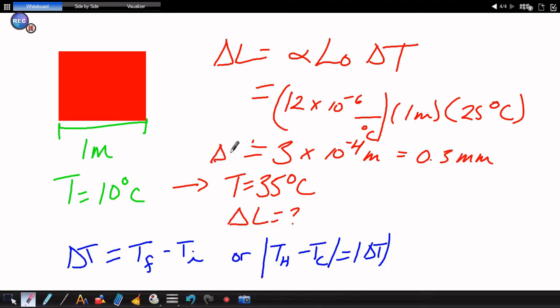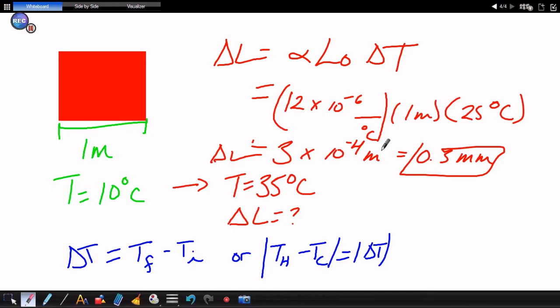That's our delta L. So these sidewalks are laid with a significant gap, like half a centimeter, 5 millimeters. And that's because you'll have multiple slabs expanding and contracting. We give you a number for this, but it's not perfect. The gist of it is these slabs expand and contract, and you leave space between them.